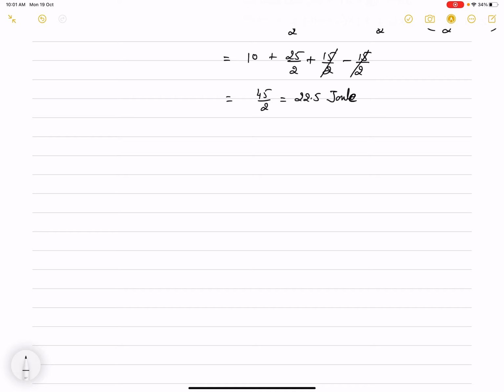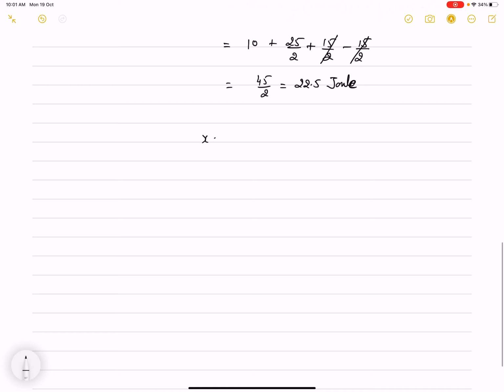A particle is moving along the x-axis from x equal to 0 to x equal to 5, and the force under whose influence it is moving is given by 7 minus 2x plus 3x square. As you can see, the force depends upon x, and you are asked to calculate the work done.